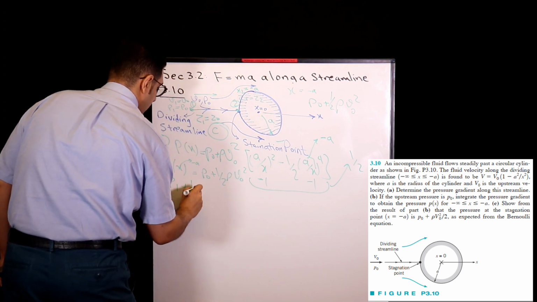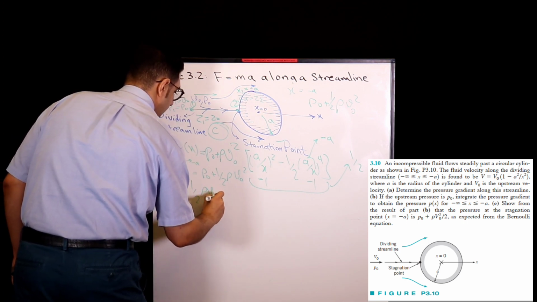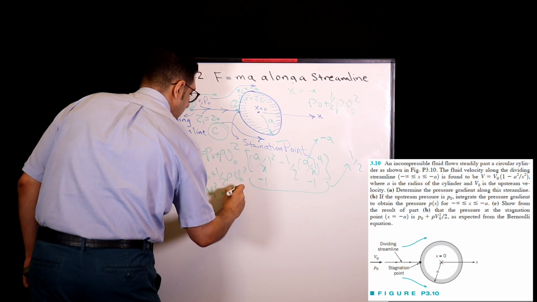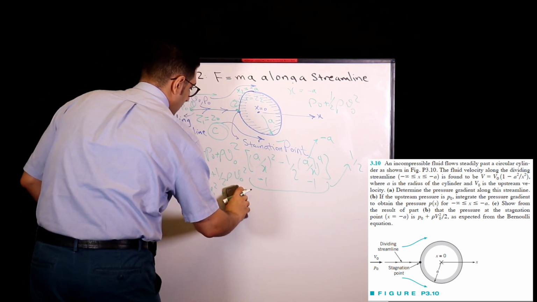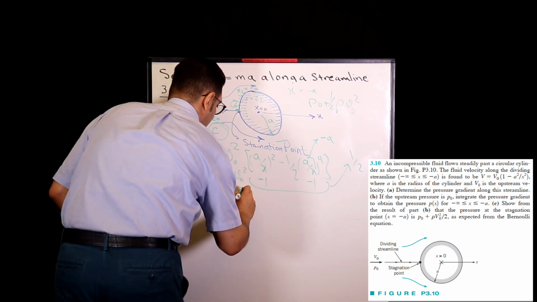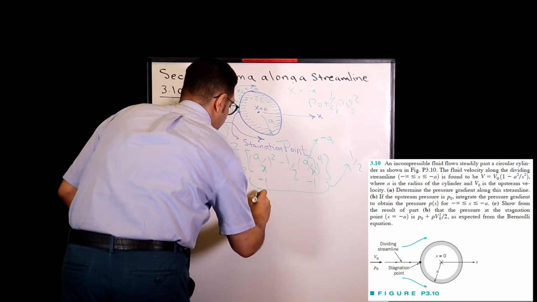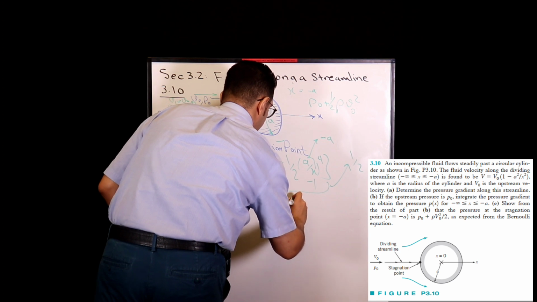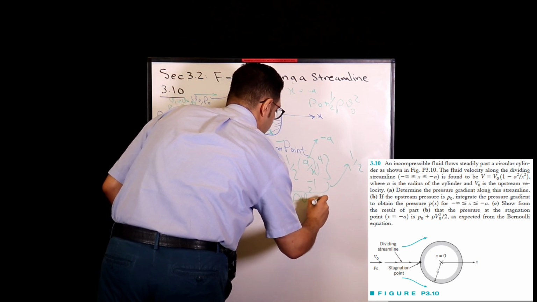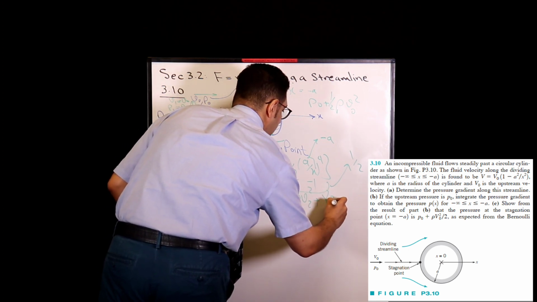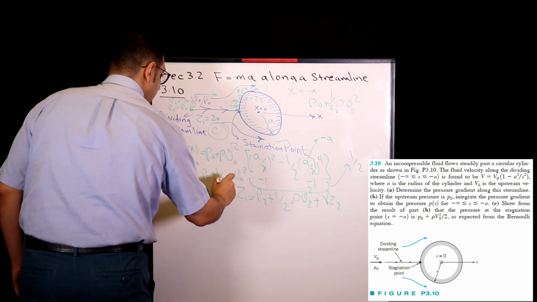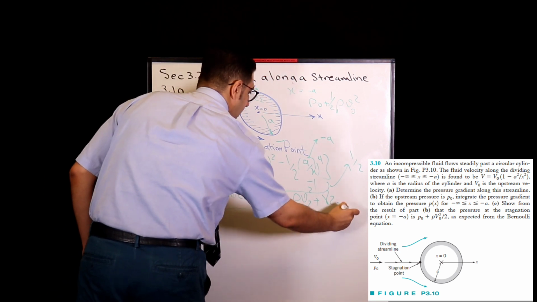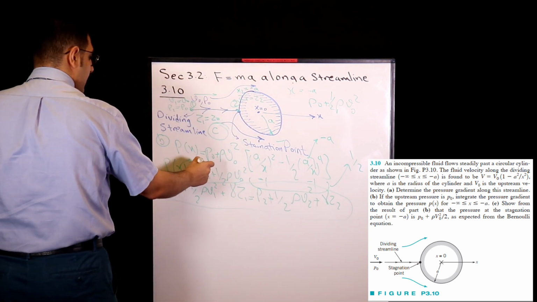P1 plus 1 over 2 rho V1 to the power 2 plus gamma Z1 is equal to P2 plus 1 over 2 rho V2 to the power 2 plus gamma Z2. If we replace all of these into the Bernoulli equation, we're going to derive it as this.